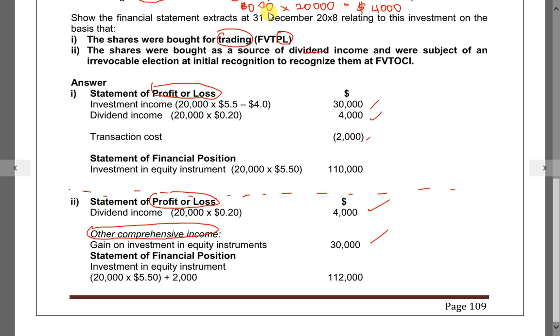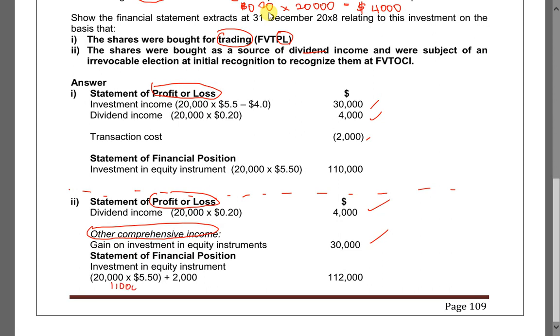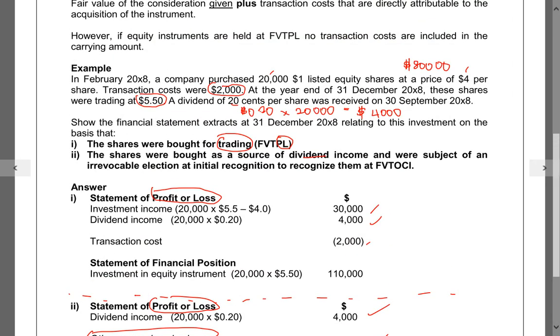Now, one common mistake, you don't do this. Because we buy 80,000, and it's now 110, correct? And then your investment with transaction cost is 112. You don't do this. You buy, it was 80.